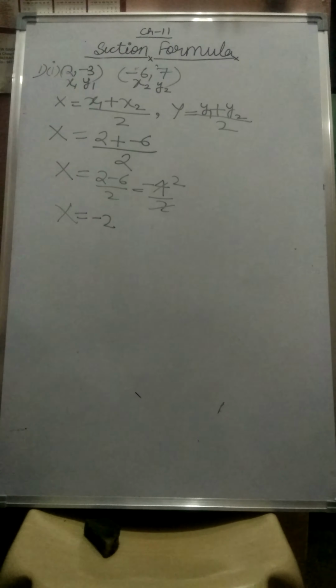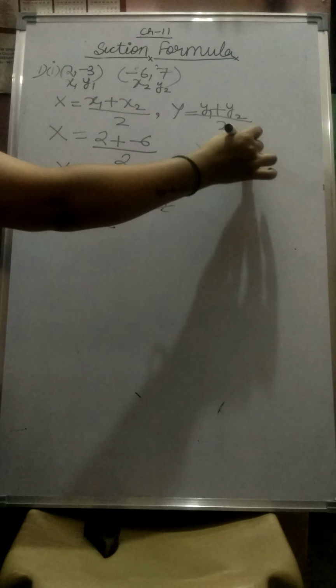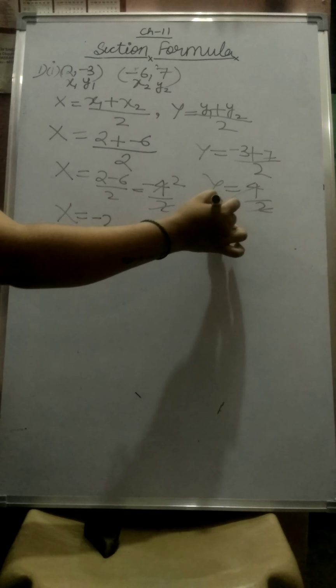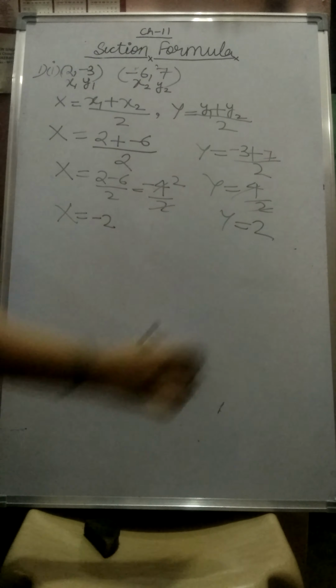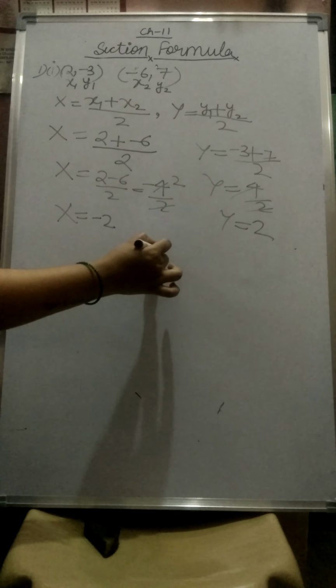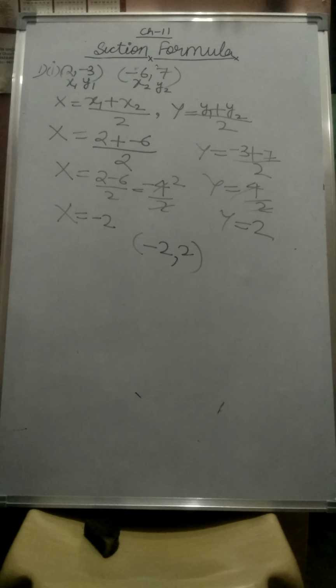Now get the value of Y. Y is equal to (minus 3 plus 7) by 2, so Y is equal to 4 by 2, this is 2. So the coordinate is minus 2 comma 2. This is the coordinate of the midpoint of the given coordinates. Now the remaining parts are the same.